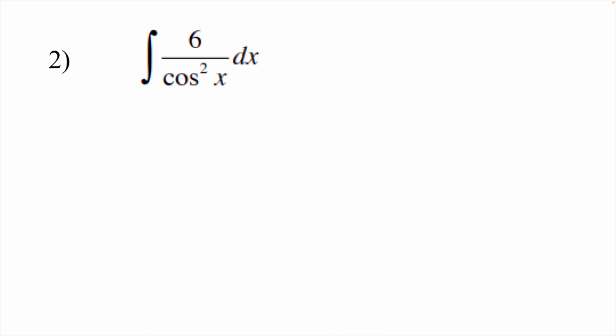So what I'm going to do first is rewrite it. I'm going to put the 6 in the front, just like I did on the last one. That leaves 1 over cosine squared of x. What is 1 over cosine?